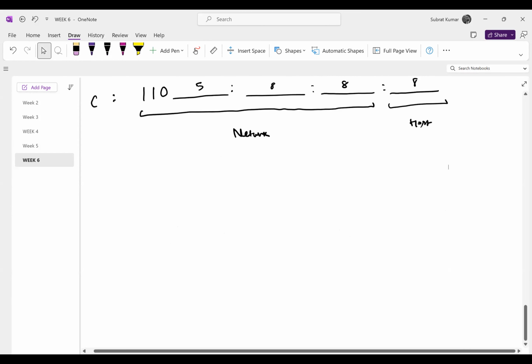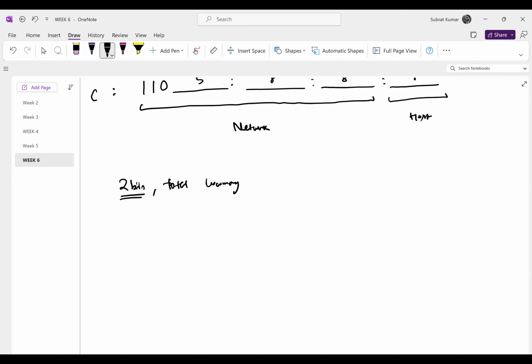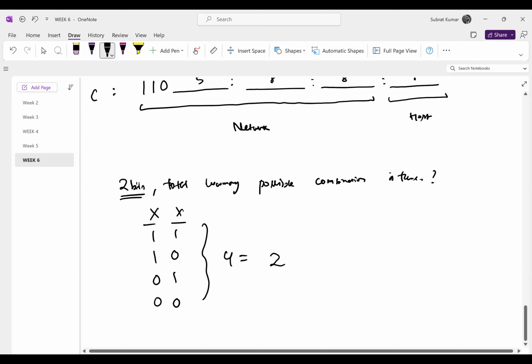If there are two bits total, how many possible combinations are there? Bit 1, bit 2: 1 1, 1 0, 0 1, 0 0. If you count this, it is 4, which is equal to 2 to the power 2.